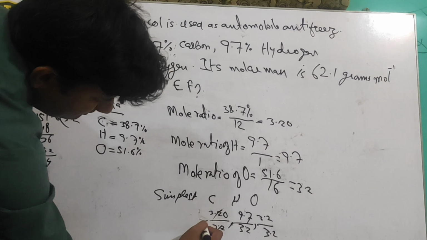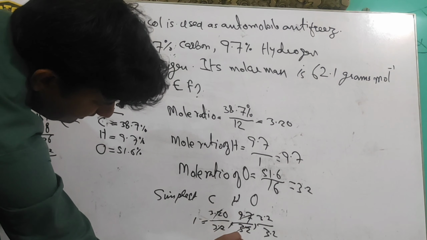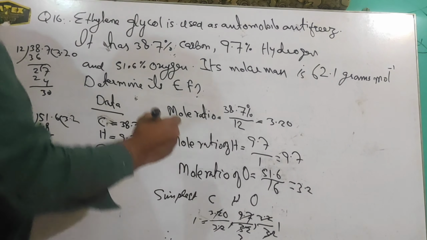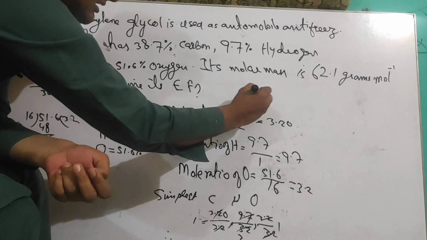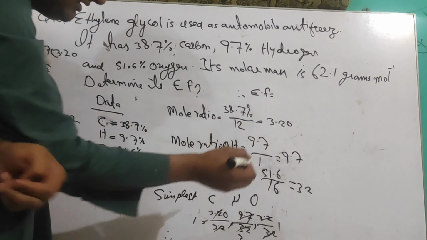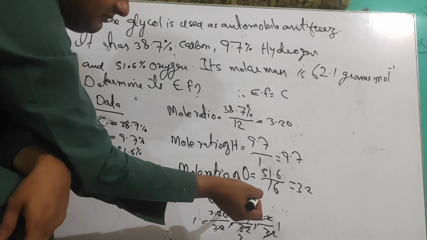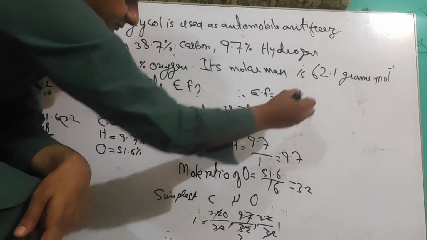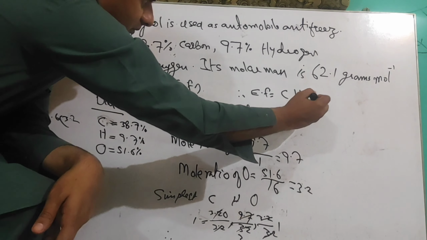So this is 1, and this is 3 times, and this is also 1. So the empirical formula is equal to CH3O.